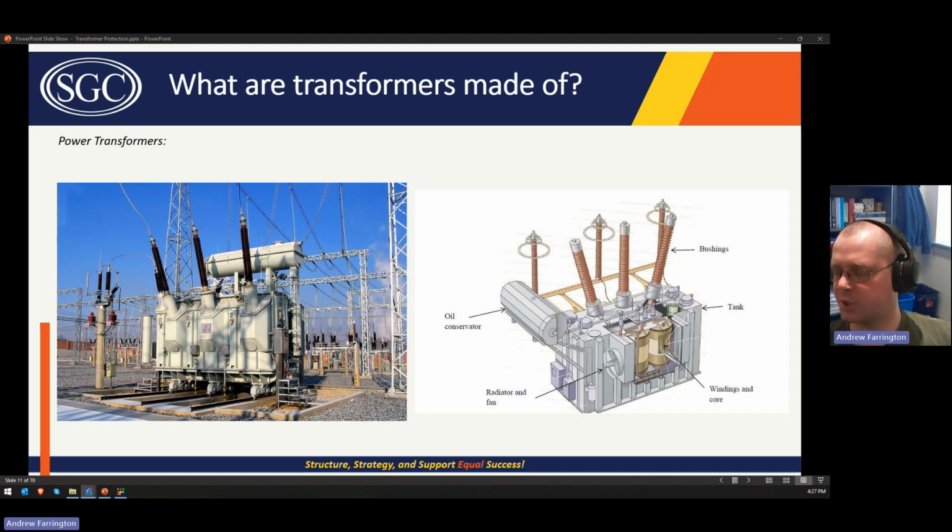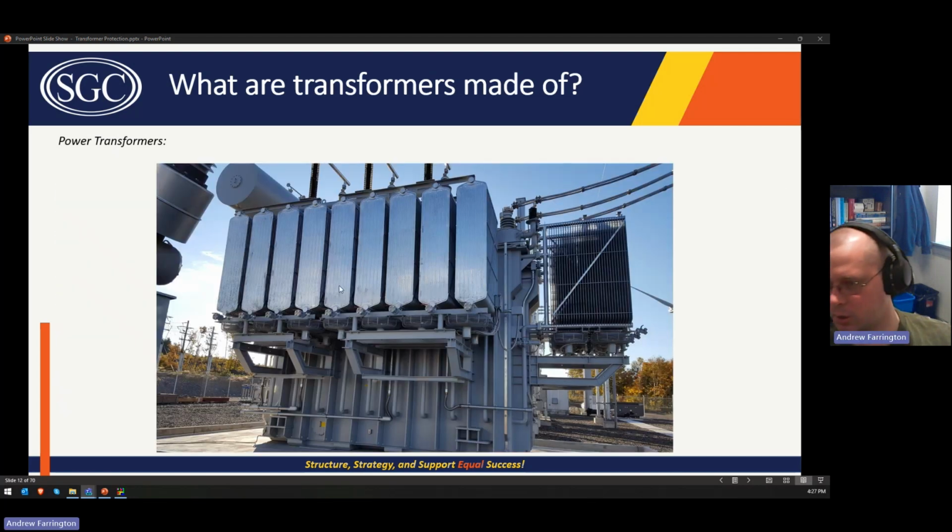This is a kind of a cross-sectional view of a similar transformer to this picture, but not the same one. Inside here would be the core and the windings. Let's see, what else? So this transformer is actually up at Bingham Wind Farm.